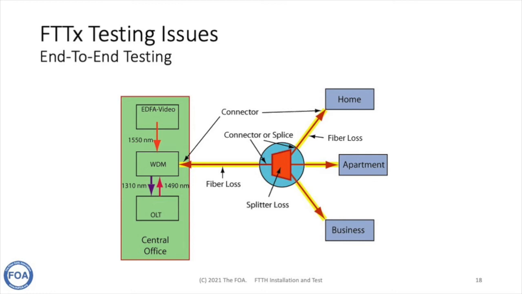So when you measure loss in a PON type architecture, you have some new components that are going to be included when you make your test. And they're of course included in the measurement of the loss and comparison to the loss budget calculation made during the design phase.